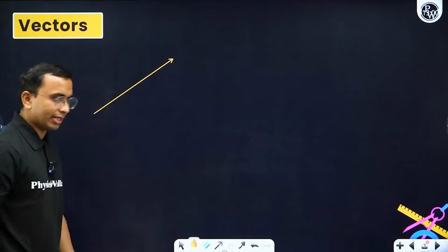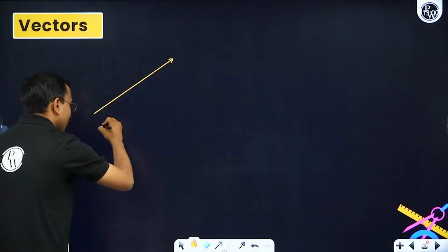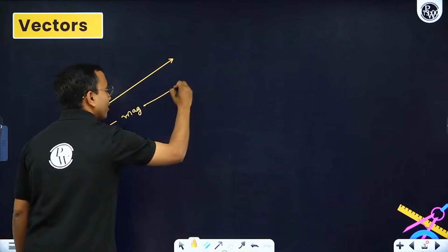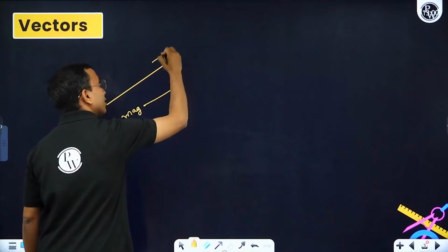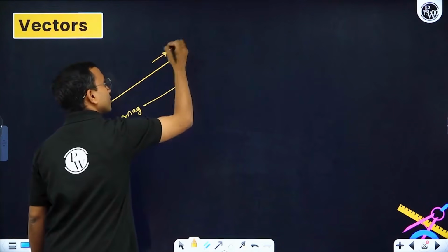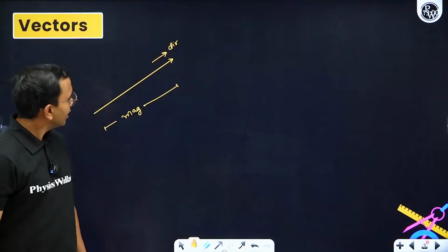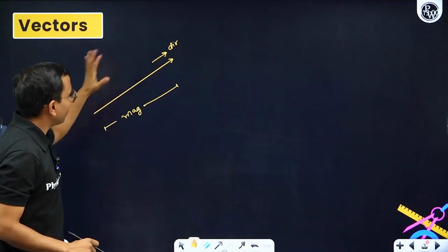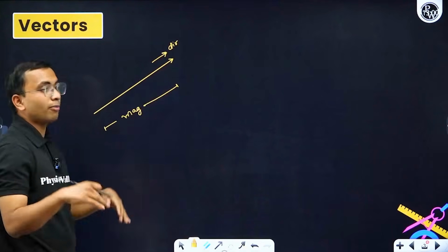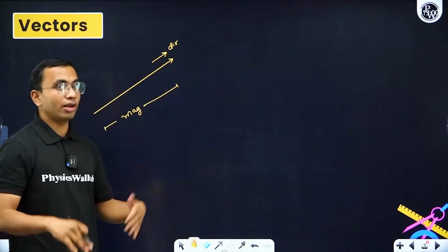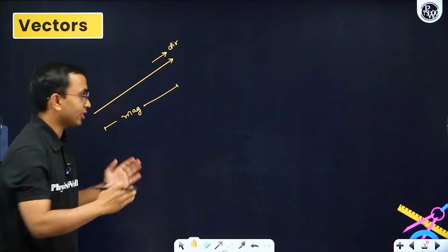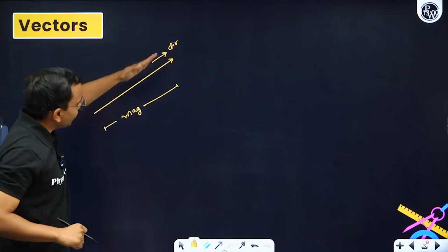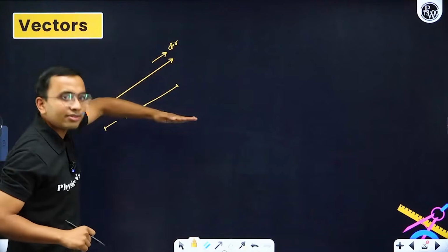If we show a vector like this, the length of this vector represents the magnitude, and the direction of this vector represents the direction. Let us take this vector as having some magnitude, 5 units. If you have to draw another vector of 10 units in the same direction, what will you do? You'll increase the length to twice. Now, this is one direction. We may change the direction.